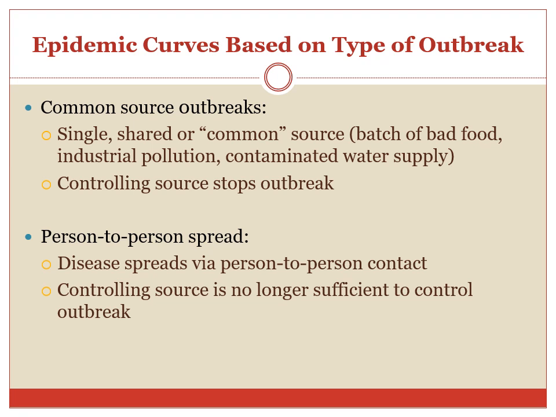So if you throw away the jar of mayonnaise, the outbreak goes away. Or you can have a propagated outbreak or a person-to-person spread, meaning that you have a disease that goes from one infected person to the other. So if you control the initial source, it is no longer sufficient to control the outbreak because the person himself or herself is serving as a reservoir to spread the infection.